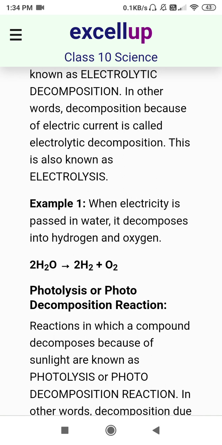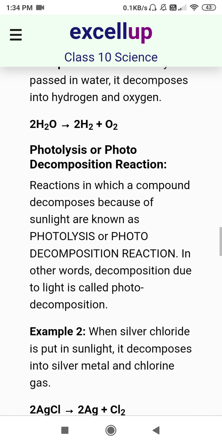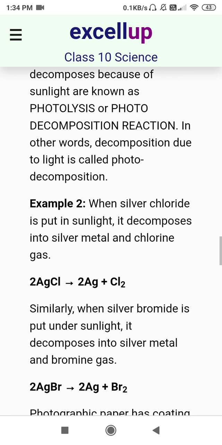Another type of decomposition reaction is photolysis or photo decomposition reaction. The photo comes from light. So when decomposition happens because of light energy, the reaction is called photo decomposition reaction. An example is when silver chloride is put in sunlight, it decomposes to give silver and chlorine gas.